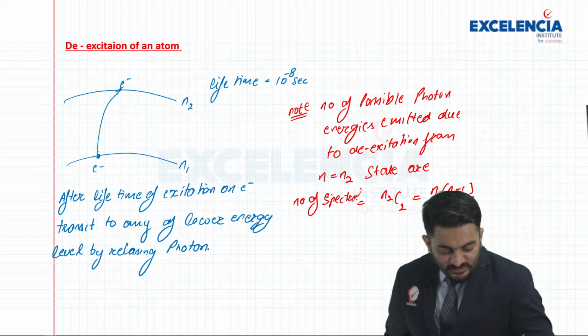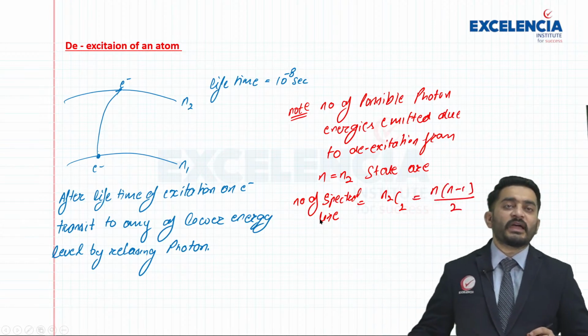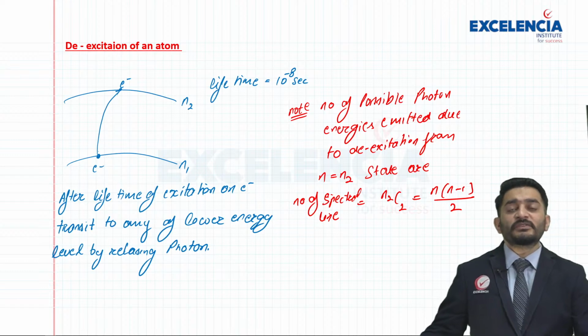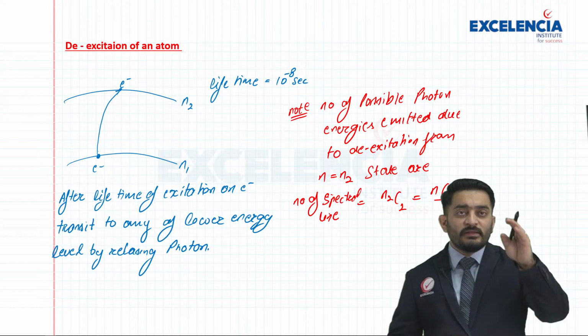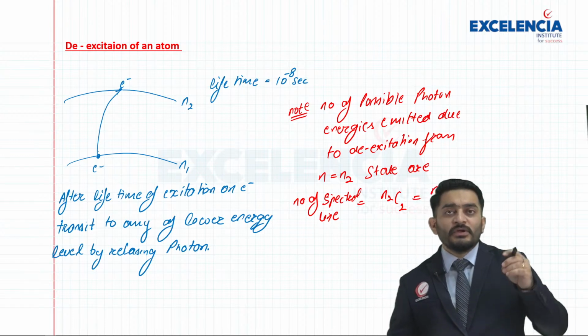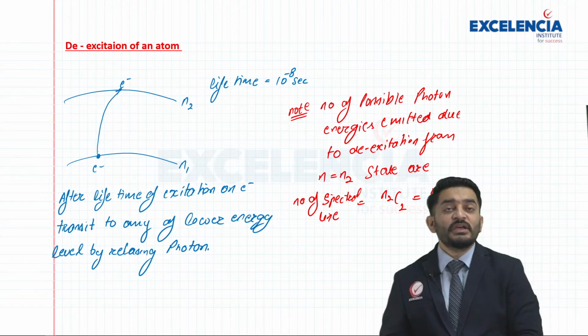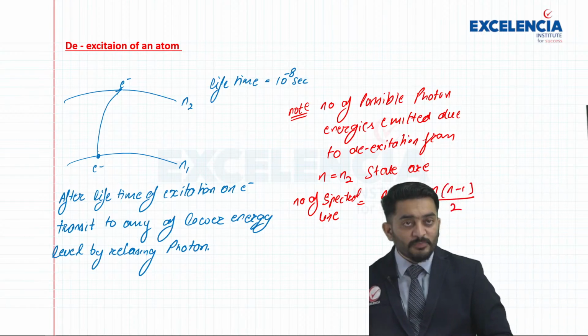So this question can also come, and I hope you are able to relate to what exactly I am talking about. When it comes to the de-excitation state, when you draw the energy spectrum diagram, I hope you have noticed that there are various lines which we draw. The first line you draw is the higher energy and then the lower energy. This number of energy lines can also be calculated by this formula, and sometimes the question actually depends on that.